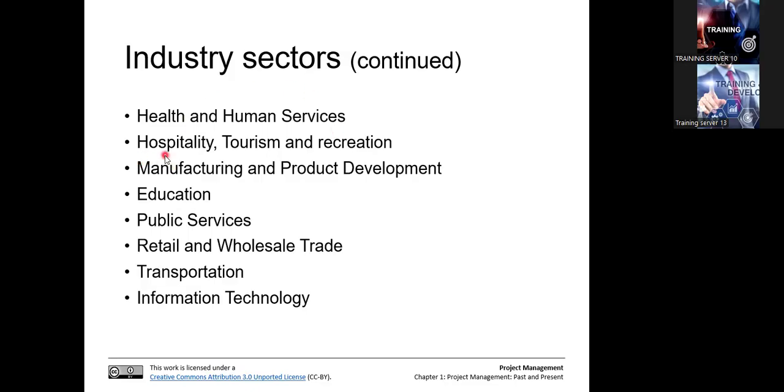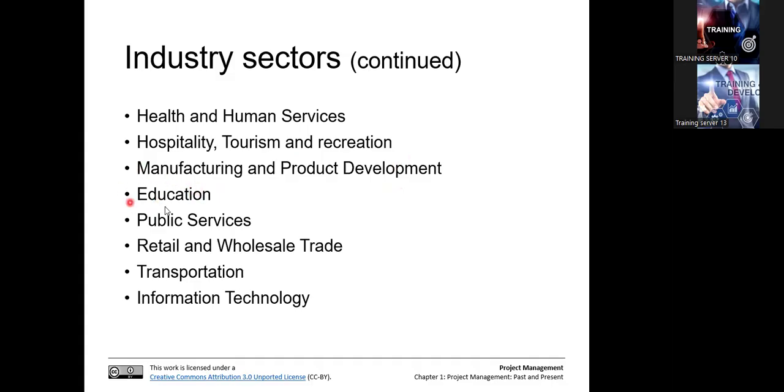While we do have other types of projects: hospitality, tourism, and recreation, plus manufacturing and product development. Some companies work on the development of the product, changing the product containers, the quality, and the types, and maybe they add options.